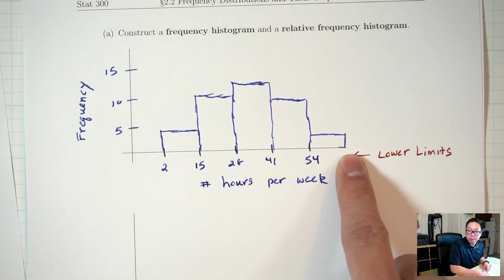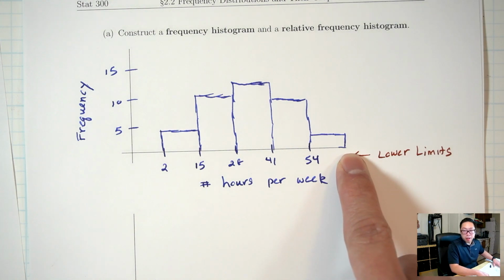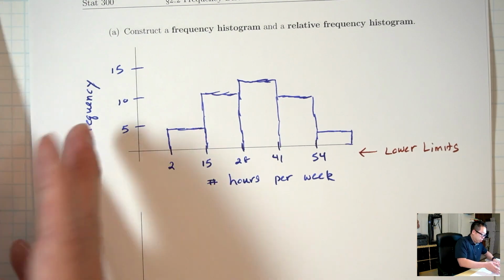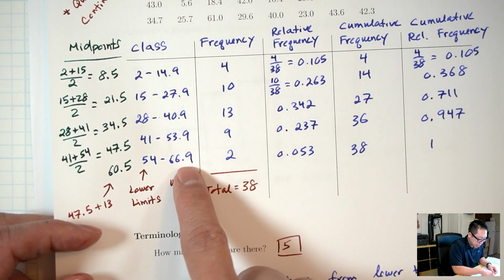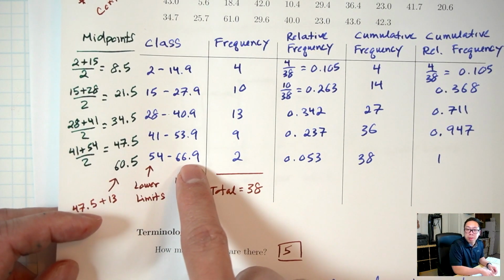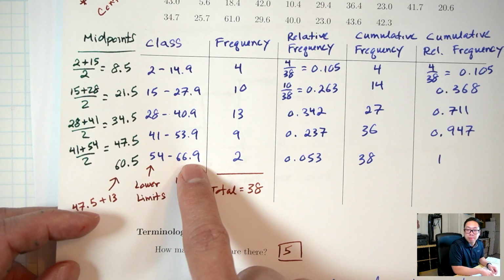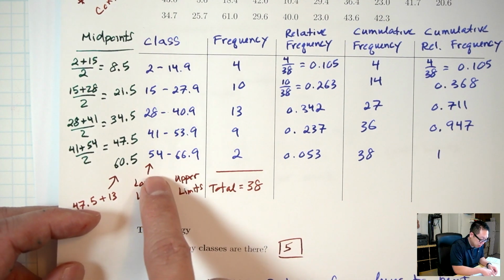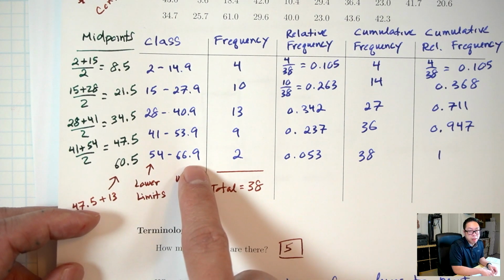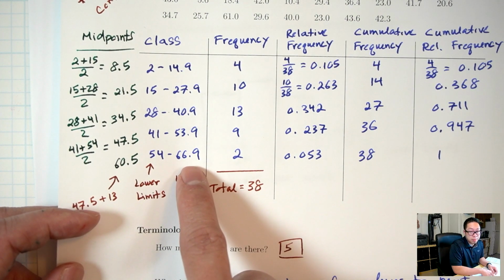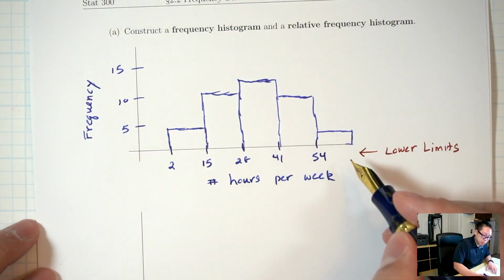What is that number there? Okay, there's two ways to get that number. That number should be the one that comes right after that. What's the number that's right after 66.9? That would have been right here, below the 54. So the number that's right after 66.9 is 67. So this is going to be 67.